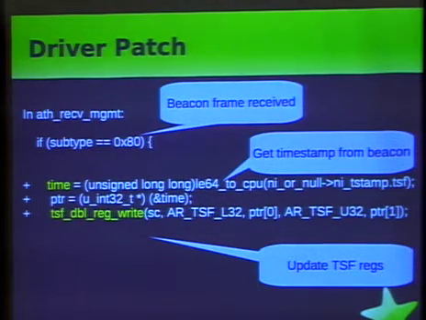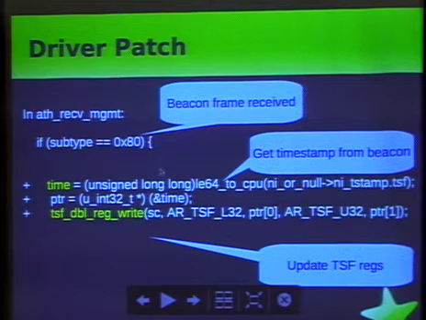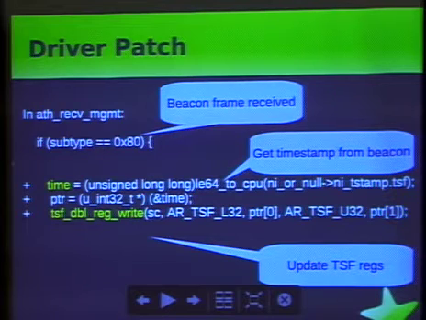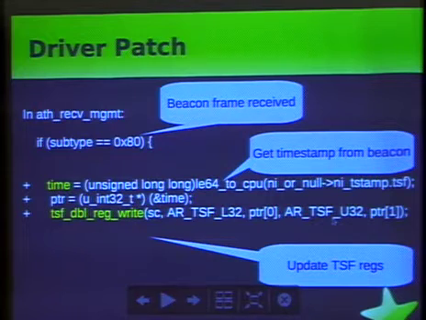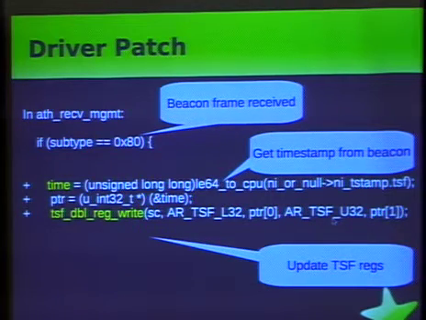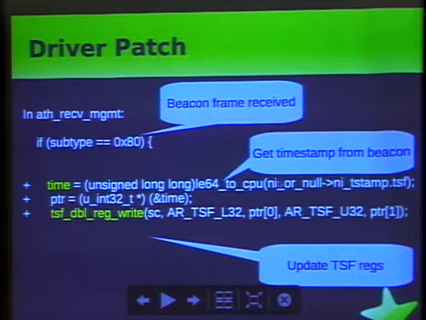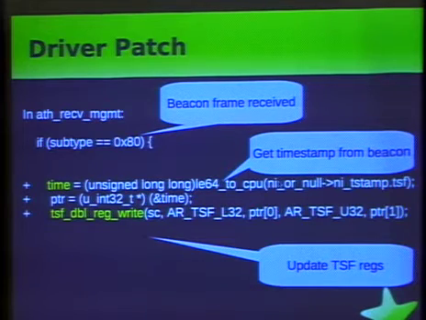And in the receiving path, when we're receiving a beacon, we are going to insert this little clause here, extracting the timestamp from the beacon received and writing it to the TSF timer register, so that our beacons, when they go out, will have the stamp of the good known AP to which we're synchronizing.